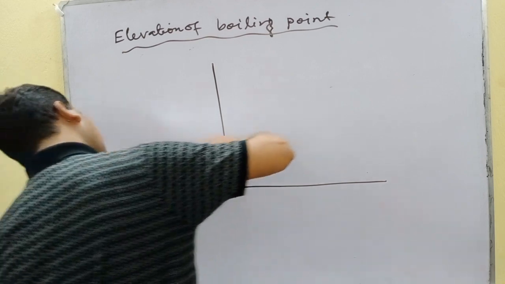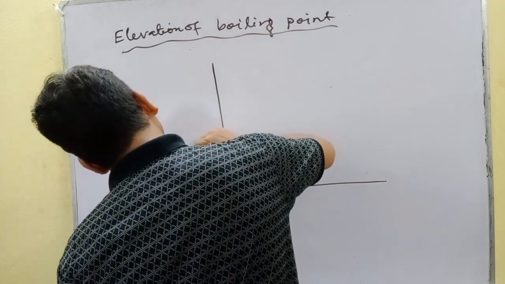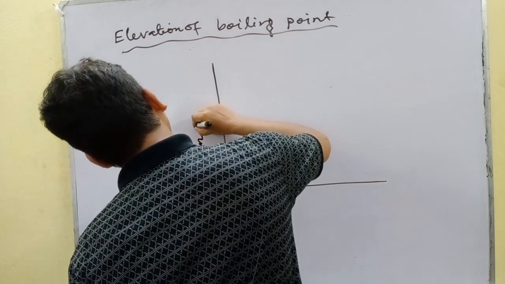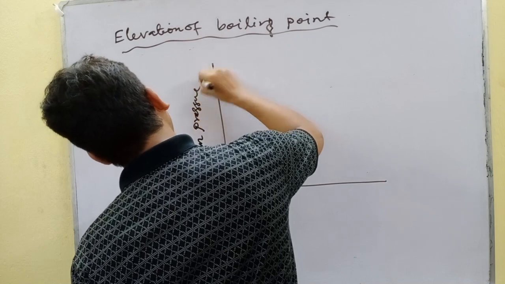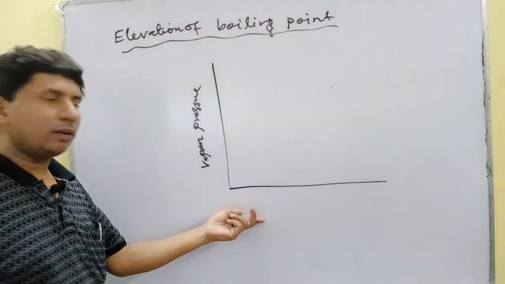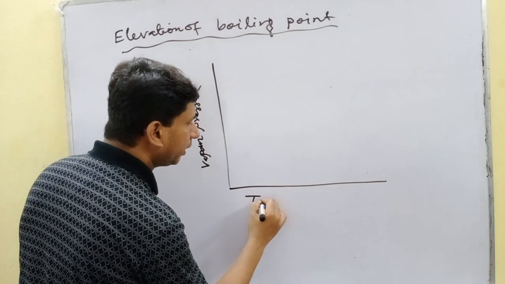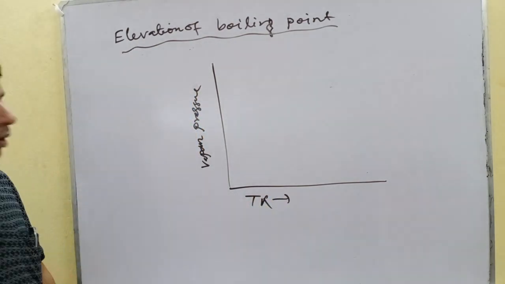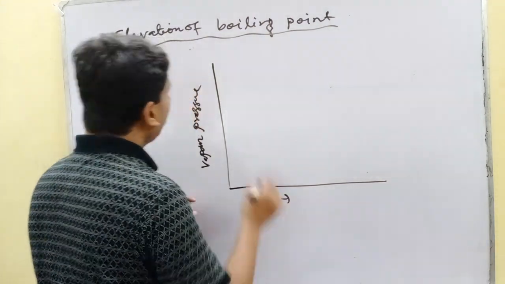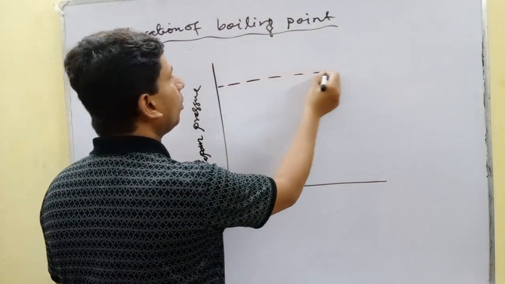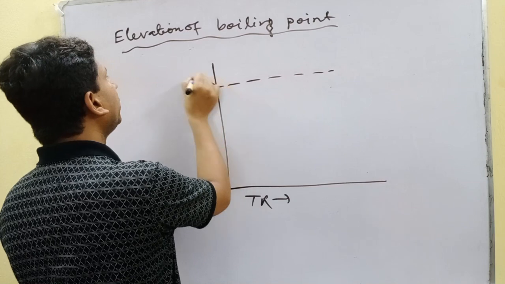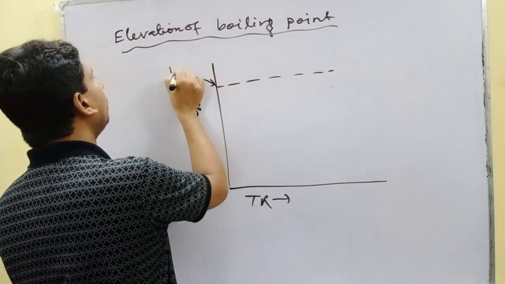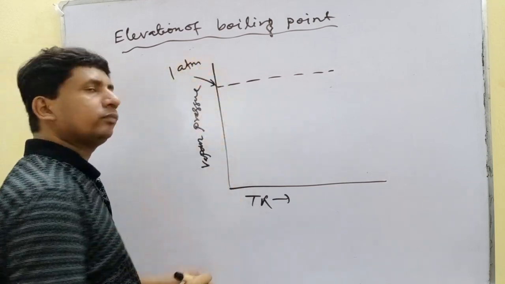Here it is vapor pressure, and this is temperature, temperature in Kelvin. Now it is 1 atm pressure.